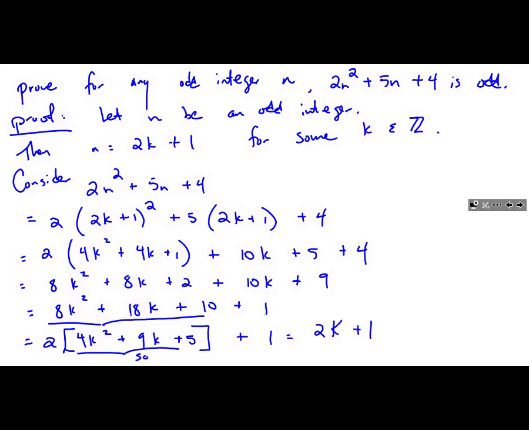This is just some integer, which is going to give us an odd integer. So the point is this expression, 2n squared plus 5n plus 4, is odd for any odd integer n.